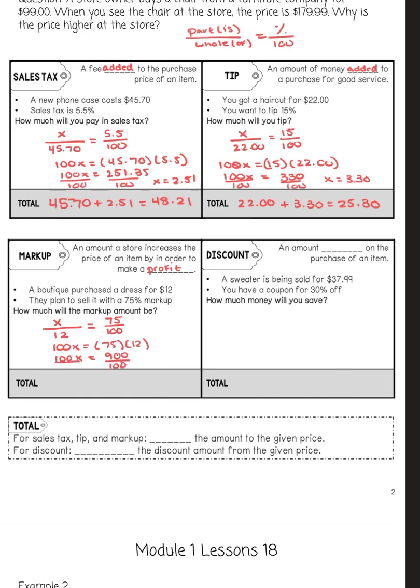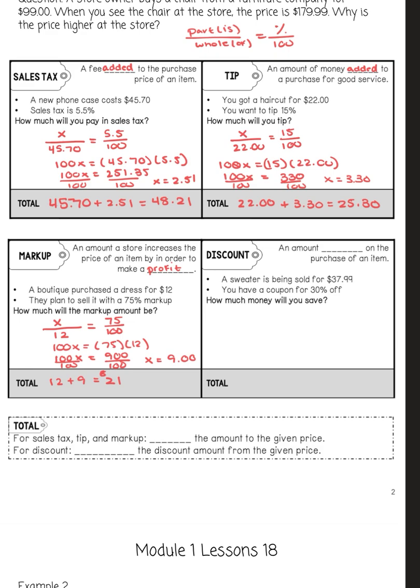Divide both sides by 100, and we get that x is equal to $9. So when we add that up, we have the $12 that the dress cost plus the $9, and we get $21. So with the 75% markup, you will pay $21 for the dress.